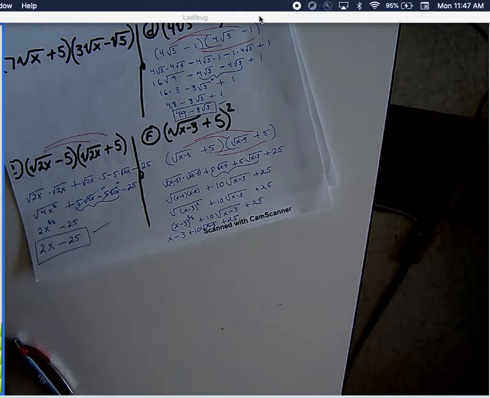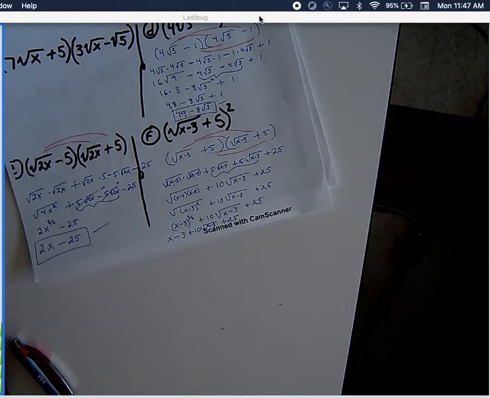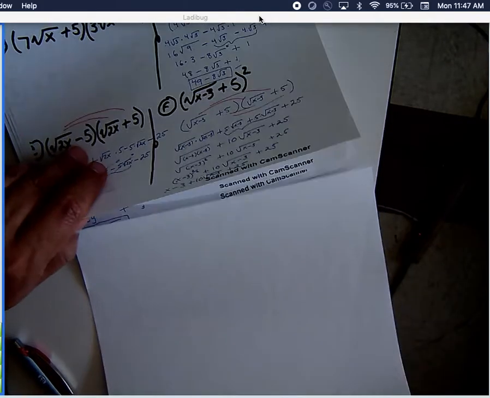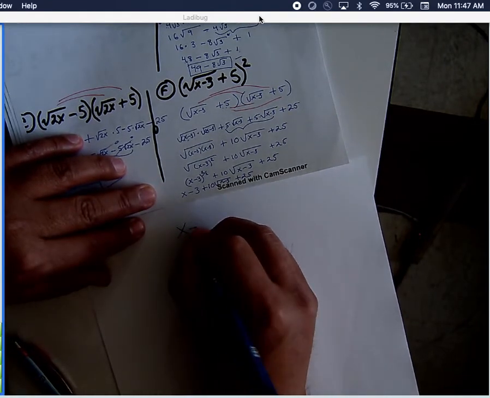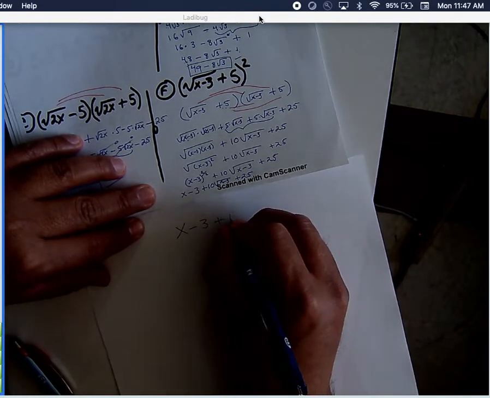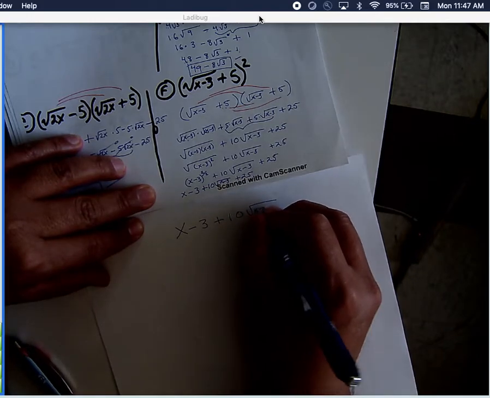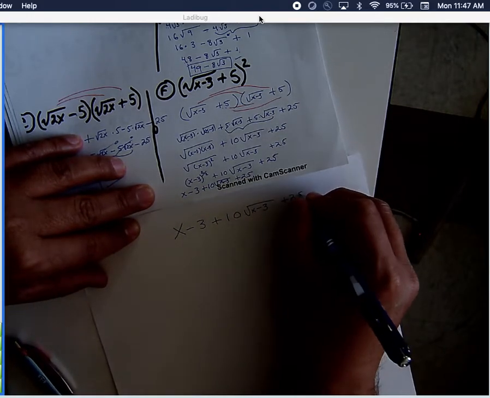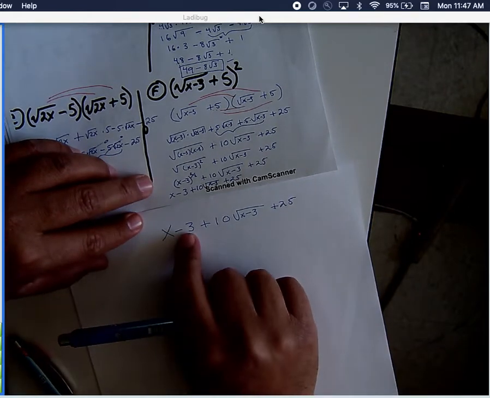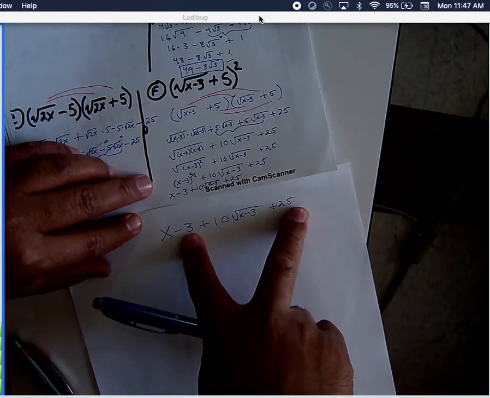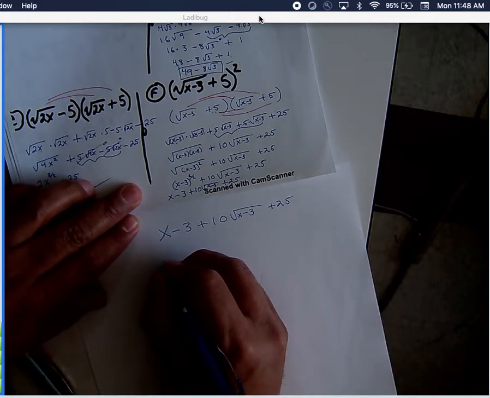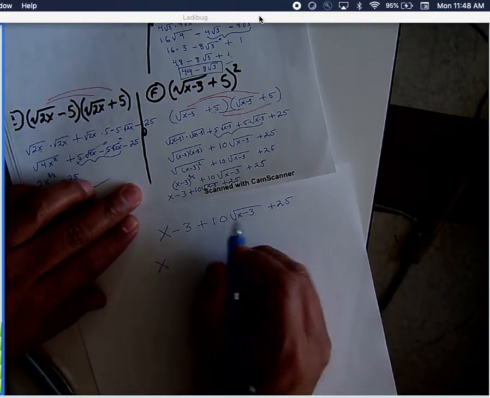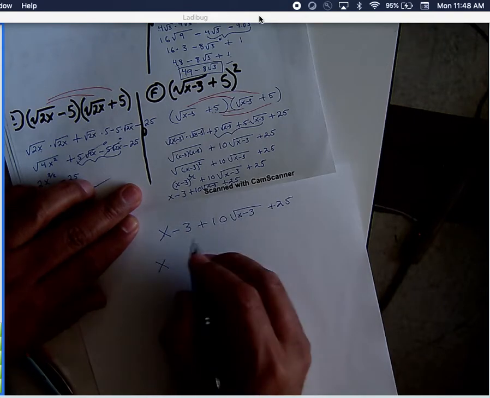And let me get a piece of paper. It's right. Just to show you what's going to happen here. So let me rewrite it. So if you notice, these are like terms. So negative 3 plus 25. So I'm just going to put the x. And I'm going to put this part next.